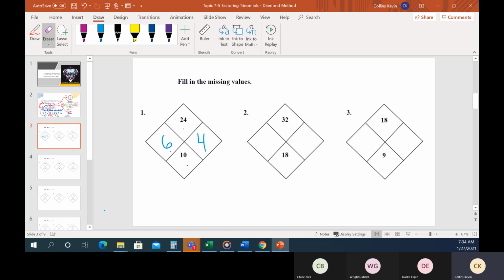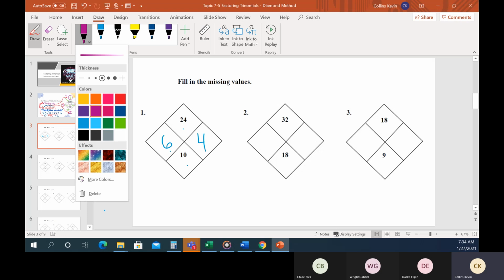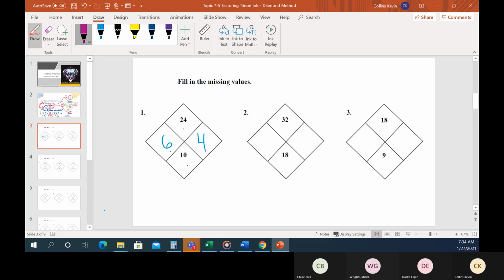Yeah, 8 times 4. Okay, good. So 8 times 4 gives you 32, right? Good. But now if I add them together, 8 plus 4, does that equal 18? No, it only equals 12, right?